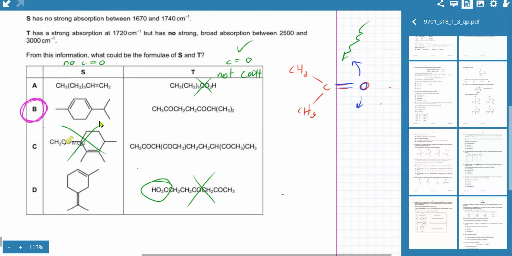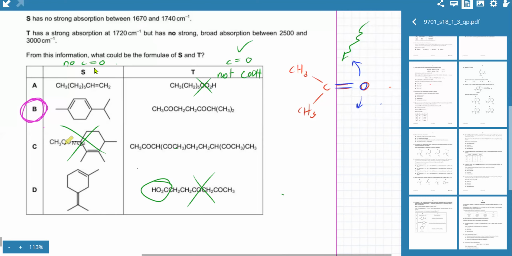Just remember about infrared spectrum that it tells you very few bonds. Bonds vibrate, they absorb frequencies from the infrared spectrum. In this question, there was no absorption between 1670 and 1740.